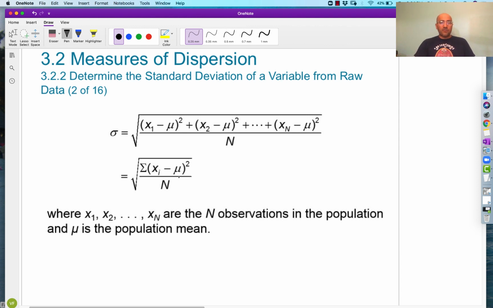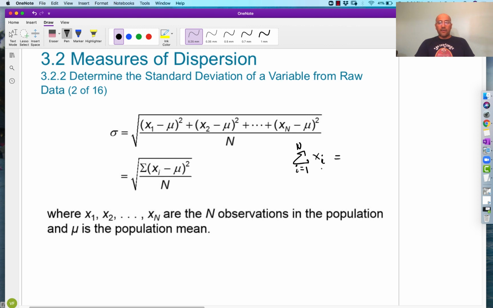Now, this is just a shortcut notation for that. Remember that this notation right here, this capital sigma, represents the sum of. So let me blow that up a little bit. Often we include the little variable, the counter. So i running from 1 to n of, let's say, x sub i, like this.